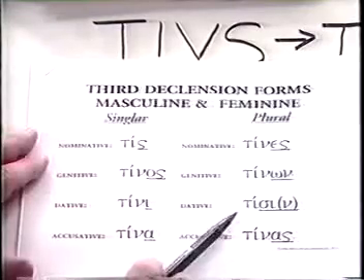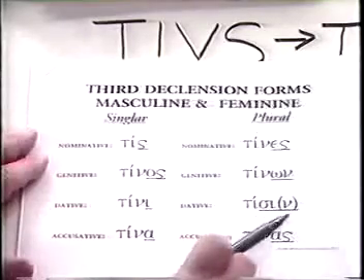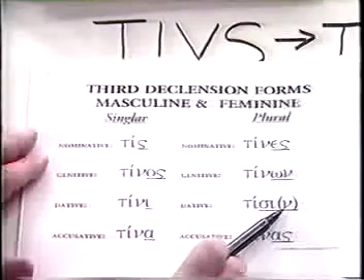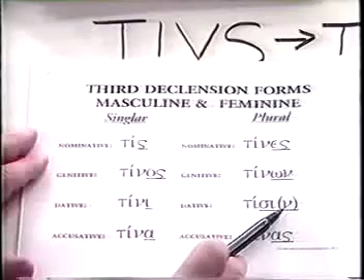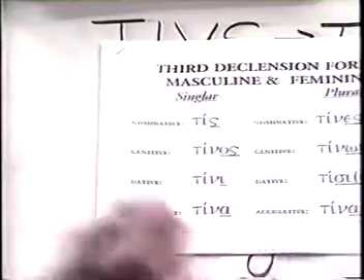In the plural dative, this is the one that's a little tricky. The plural dative ending is a sigma iota and a movable nu, and usually the movable nu is there. So let's see what happened. What has happened with this form?